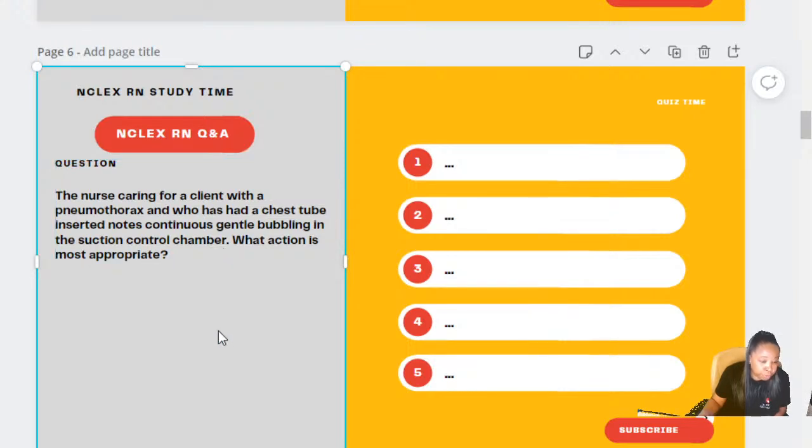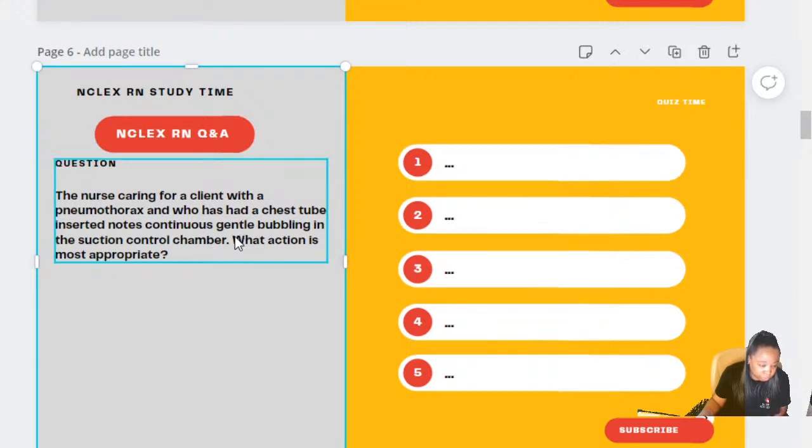You remember the previous question we had? It was not gentle bubbling, it was vigorous bubbling, so that was not good. But this one says gentle.